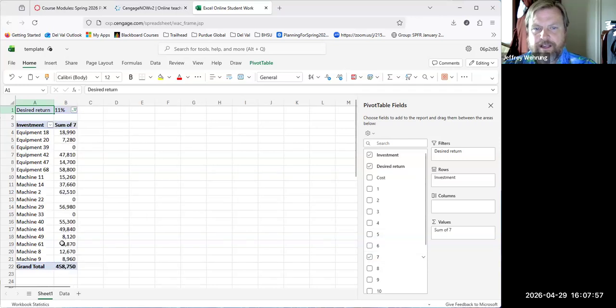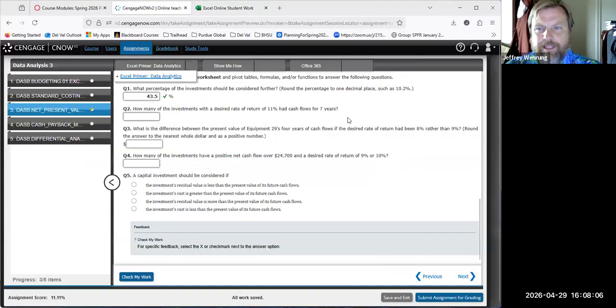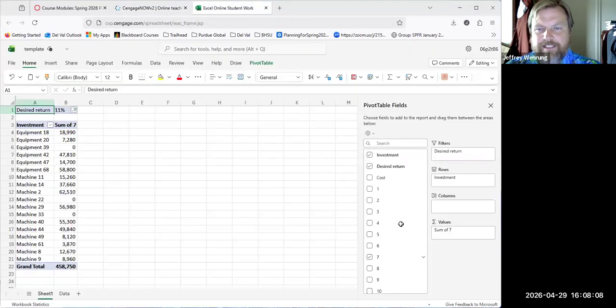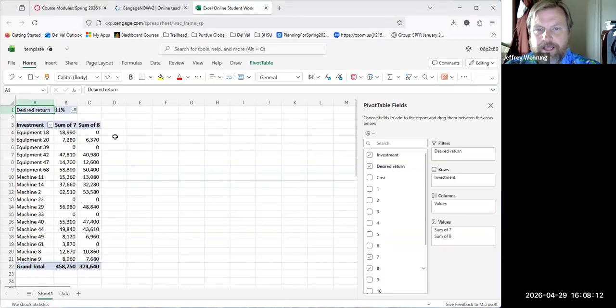Now I can see all of my investments with a desired rate of return of 11. I can see how many had 7 years, but I want to know how many didn't have 8, so they had cash flows for exactly 7 years. I could go across and say, here's 1, here's 2. So that's an easy way to do it.